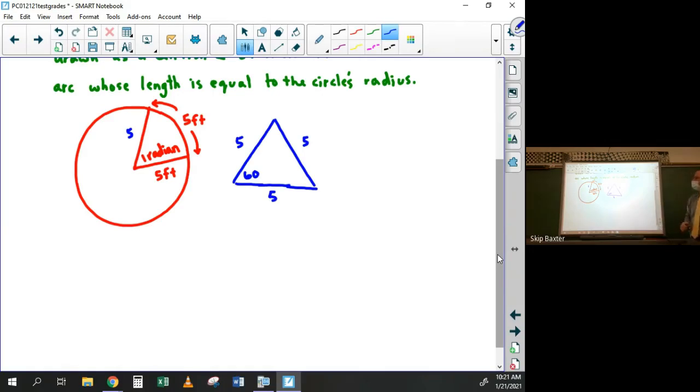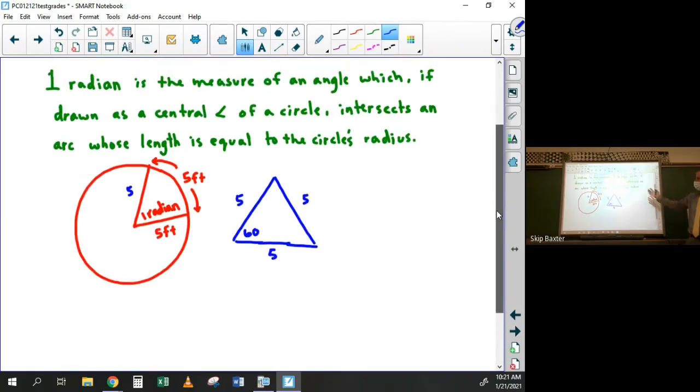Now that we have this definition, we can come up with some type of conversion factor between the two.